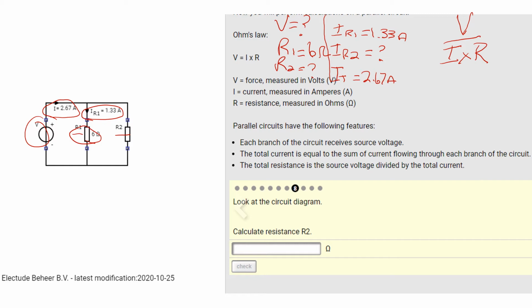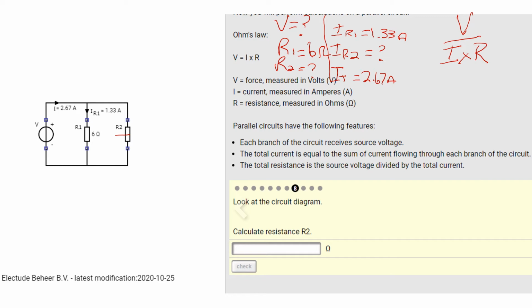If I look at here, I get some information as well. Each branch of a circuit receives source voltage. So it doesn't make a difference where in the circuit, voltage is going to flow equally across everything. So if I know voltage, I can figure out the rest.